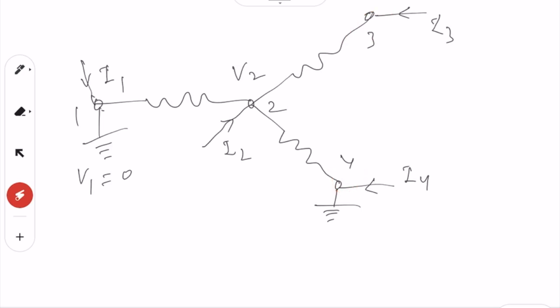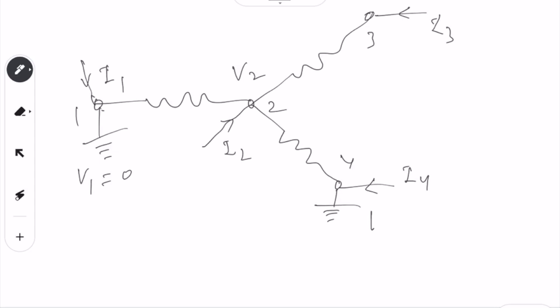Once we make it 0 here, then we have just 2 nodes, and we have to find out V2. So that way it is easy to invert, that is why I did it, otherwise not necessarily it had to be equal to 0, you do not have to put that. Just to make it simple, but here the idea is to show you the kind of possibility.